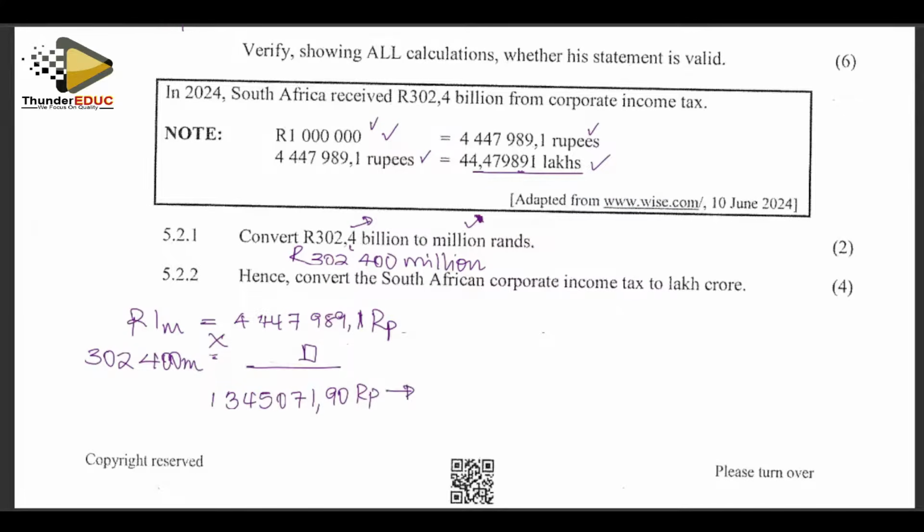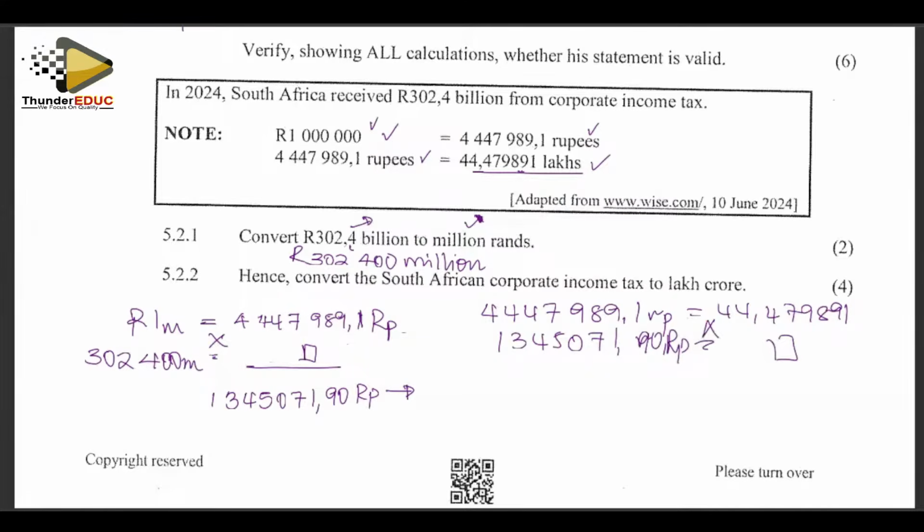Now, only the rupees that you have, if you have so much rupees, you have 4 comma, which became this much, yeah?